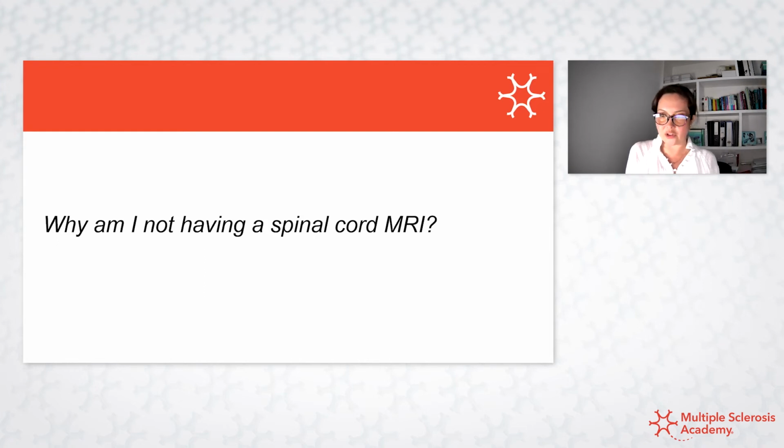So the logic was, or is, that there's a small minority of patients who will have an asymptomatic cord lesion that you will not detect anything on the brain MRI, and therefore is it really worth doing this?